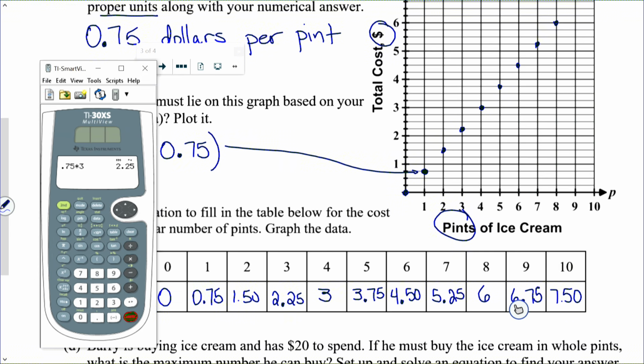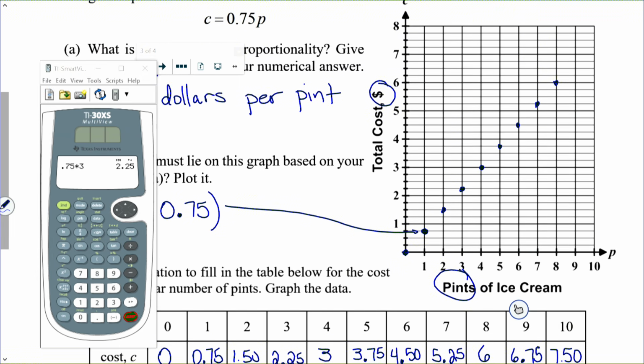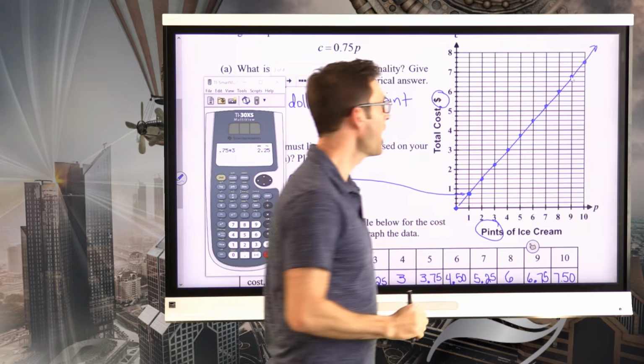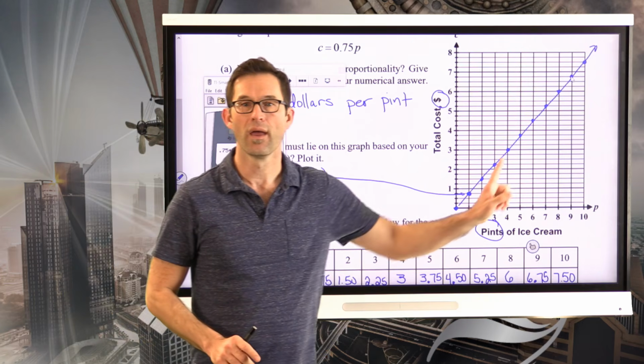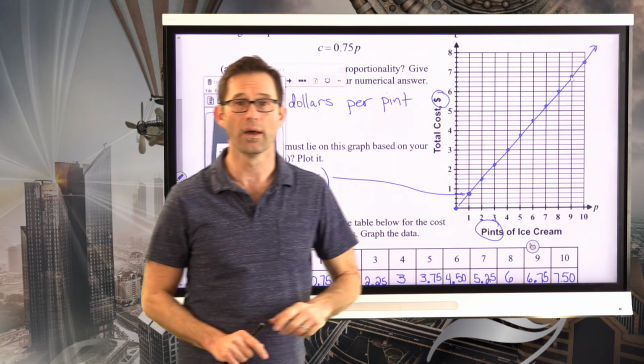I'm out of room. Scroll up a little bit. 9 and $6.75, and 10 and $7.50. I should really use a straight edge for this, but I'm going to just freehand it, and we can see that, as always, that proportional relationship goes through the origin and travels along a nice straight line.